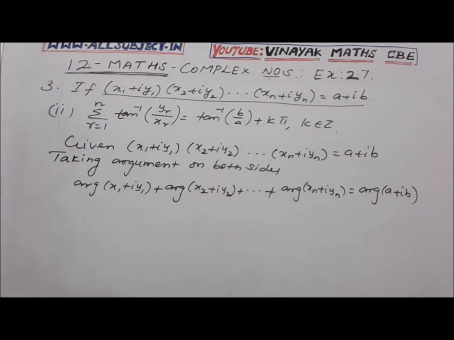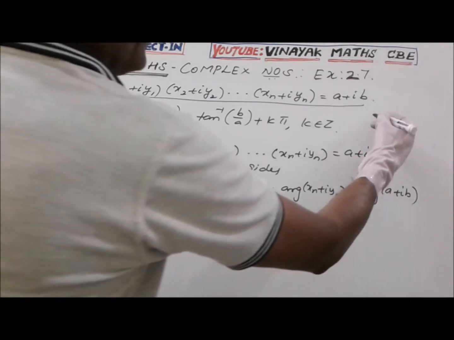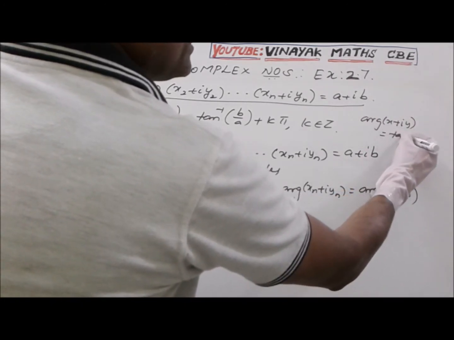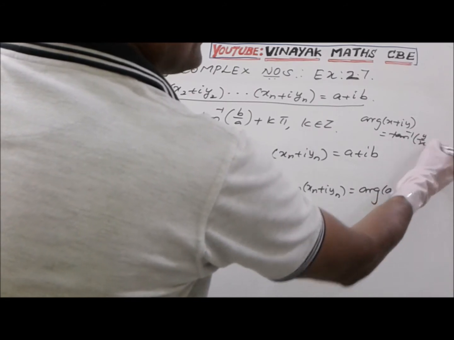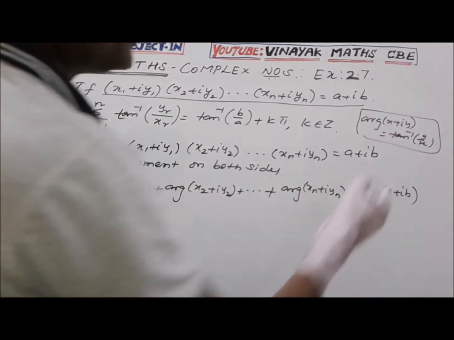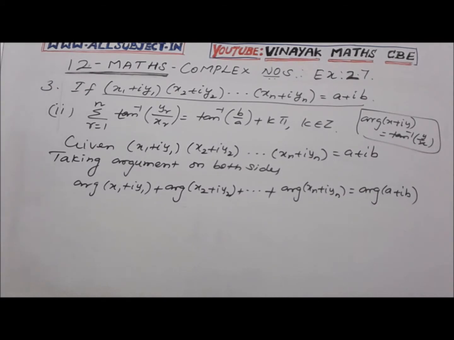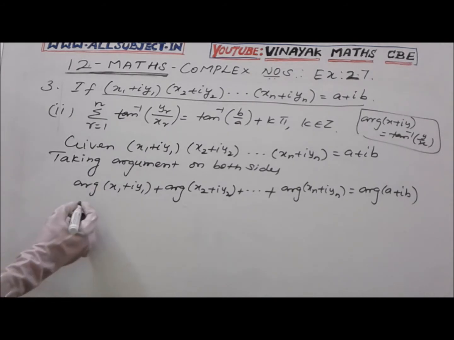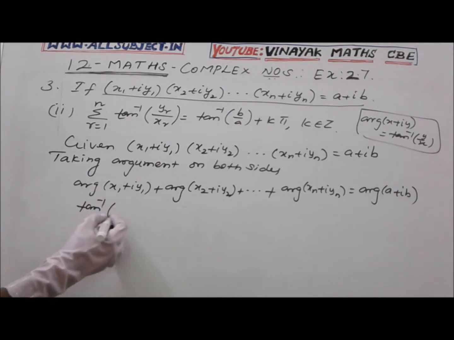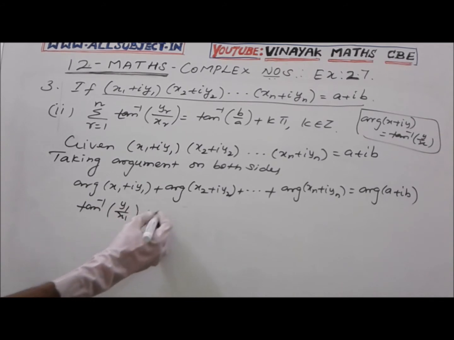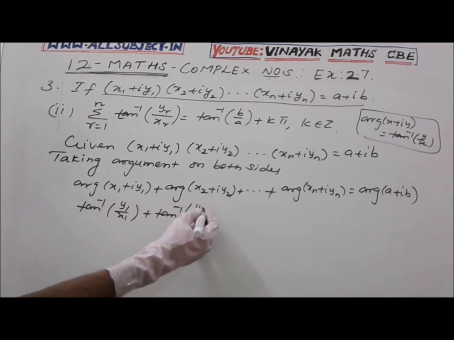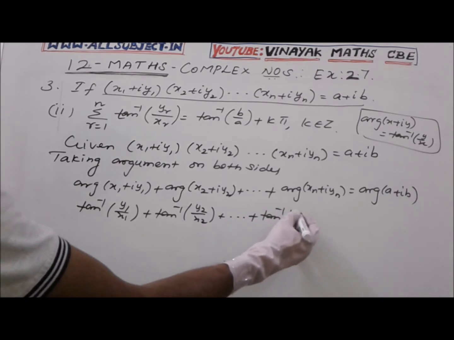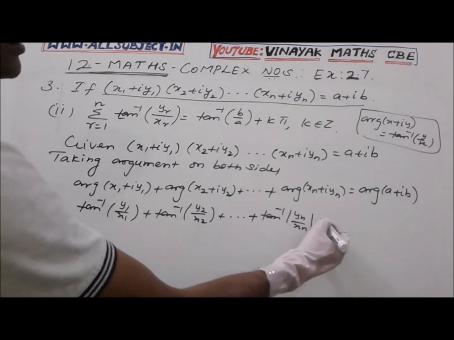Now argument of x plus iy is equal to tan inverse of y by x. That is theta. The argument of the complex number equals tan inverse of modulus of y by x. Now applying argument to these numbers, which is equal to tan inverse of y1 by x1 plus tan inverse of y2 by x2 plus etc. plus tan inverse of yn by xn equal to.